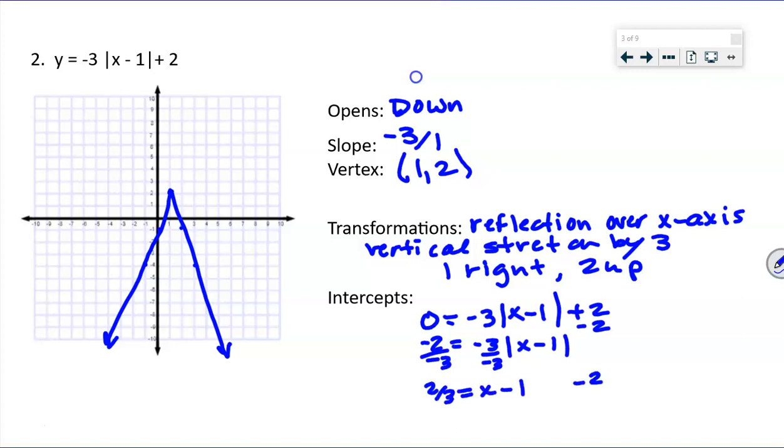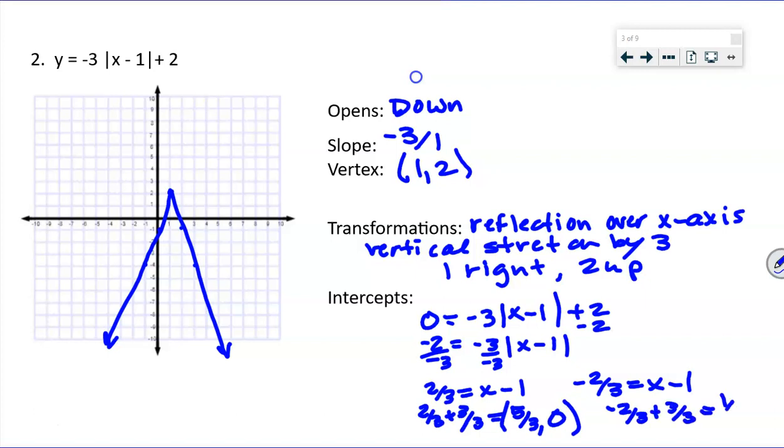And then 2/3 equals x minus 1, and -2/3 equals x minus 1, because remember, when we get that absolute value, we're going to do both positive and negative. So this means I'm going to add 1 to both sides. So that's 2/3 plus 3 over 3, because that's 1, right? So that's equal to 5/3. So that's going to be my first point, 5/3, 0. Here again, -2/3 plus 3 over 3, that's going to equal 1/3. And that's my other point right there.